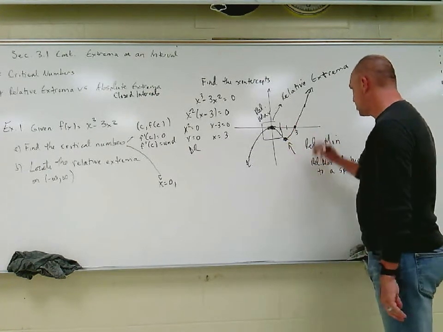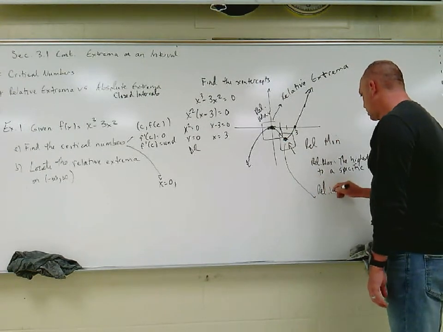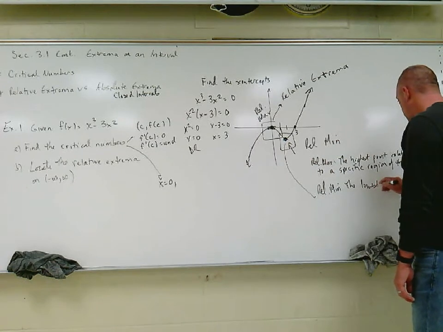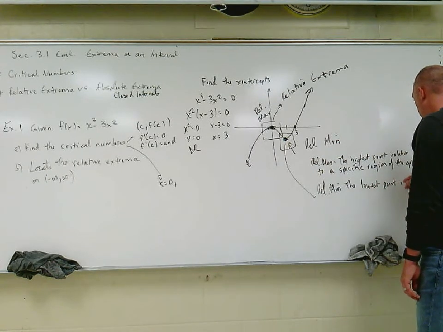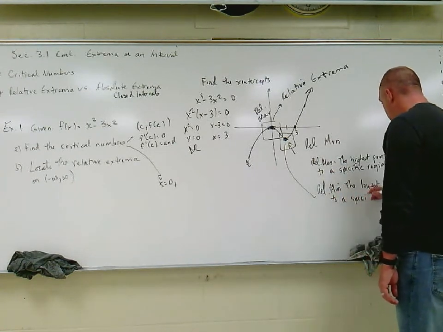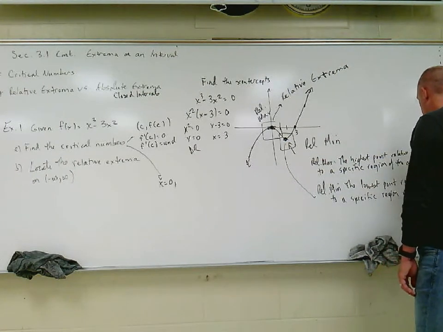So there's this, and then here, that's our relative min. So our relative min is the lowest point relative to a specific region of the graph.